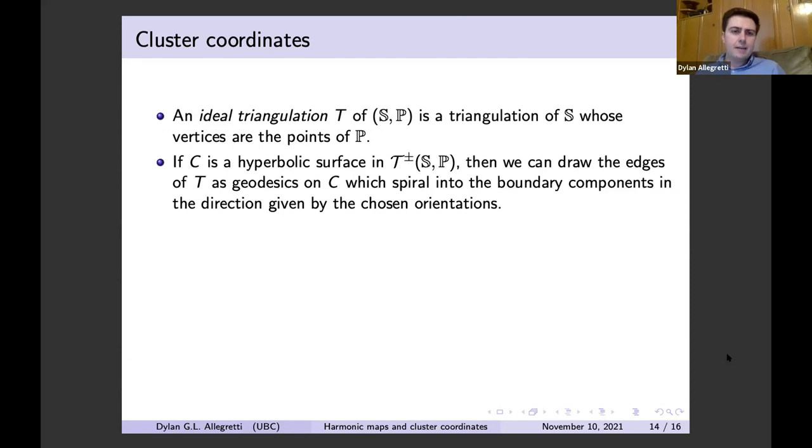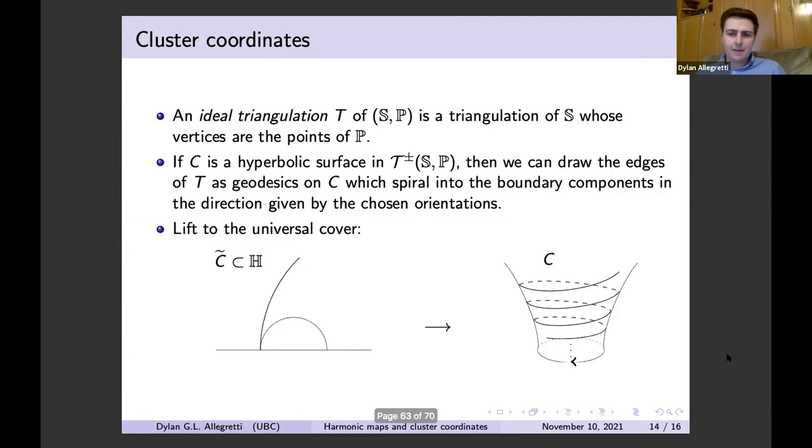So if C now is a hyperbolic surface representing a point in enhanced Teichmüller space, then we can draw the edges of T as geodesics on that surface. We draw them as geodesics on the hyperbolic surface, which spiral into the boundary components in the direction given by the chosen orientations. So let me illustrate that with a picture.